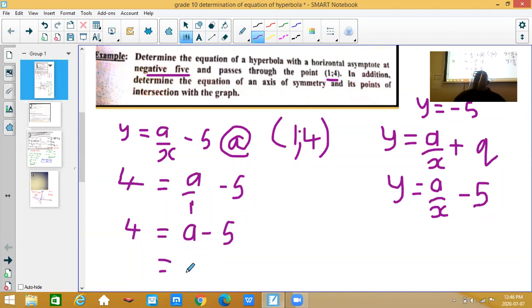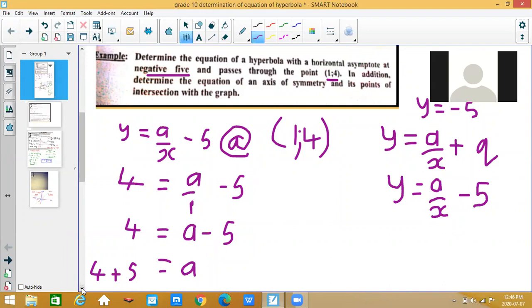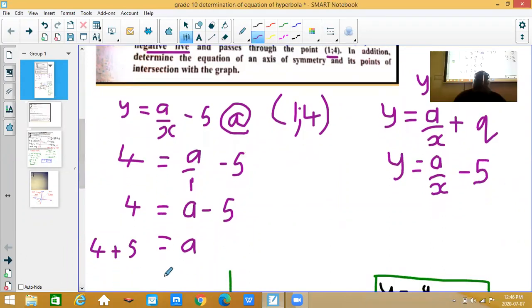What do we need to do? We transpose -5 to the other side, it will be +5. Now, what is going to be the value of A? A is going to be equal to 9. This is the answer that we have, right?